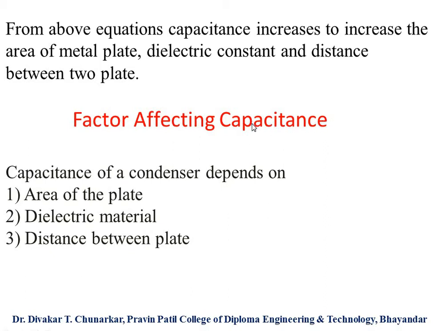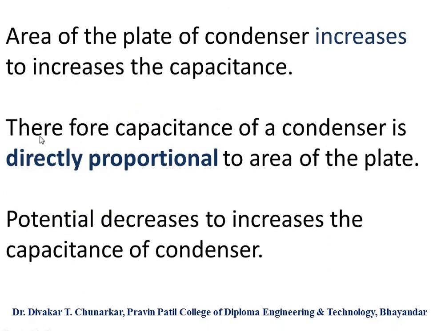Capacitance depends on what? Factors affecting capacitance. So the capacitance of the condenser depends on the area of the plate, dielectric medium or dielectric material, and distance between two plates.